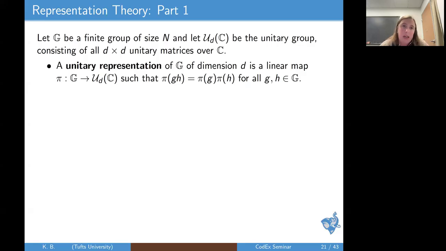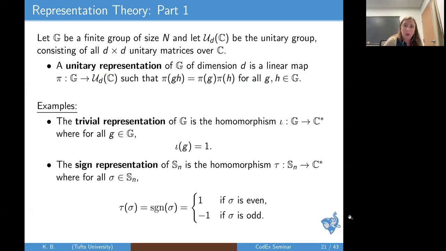In particular, a unitary representation of our group of dimension D is a linear map pi from G into the unitary group of all D by D matrices, where it's a homomorphism. So we have pi(gh) equals pi(g) times pi(h) for all g, h in our group.